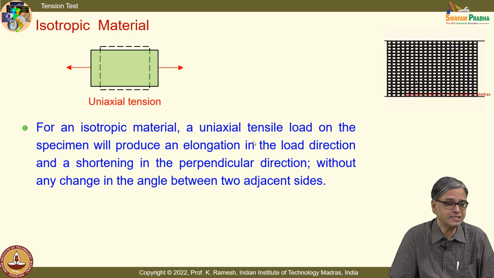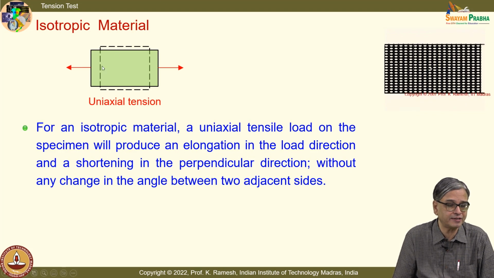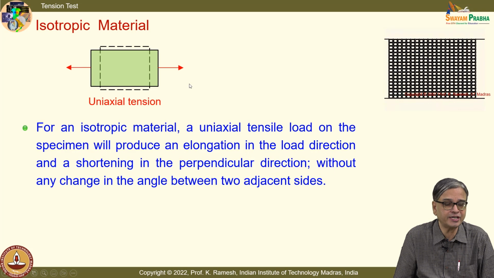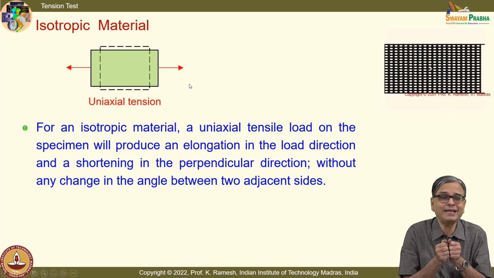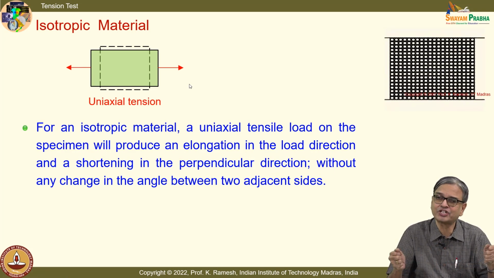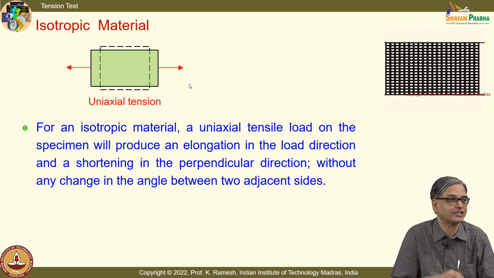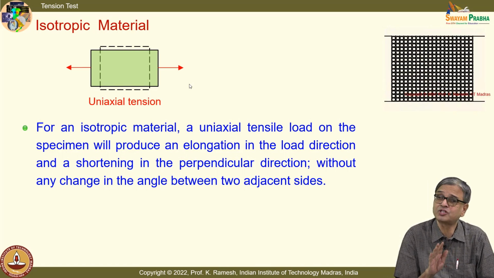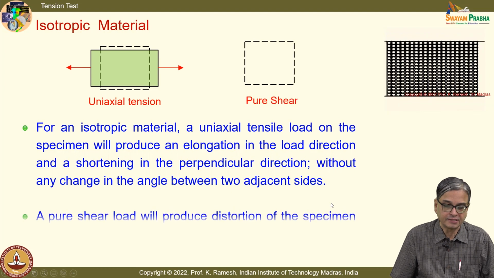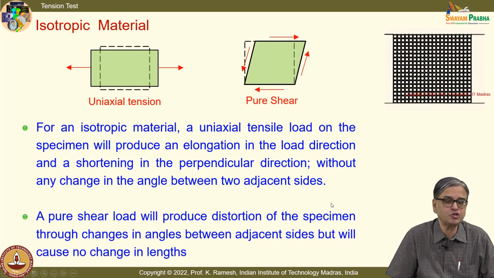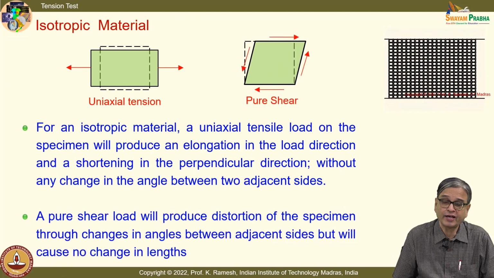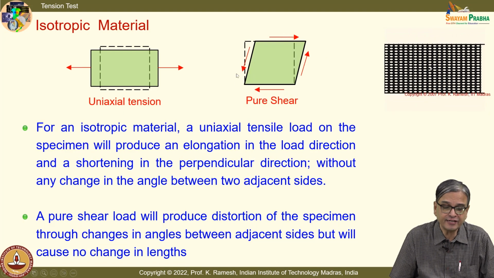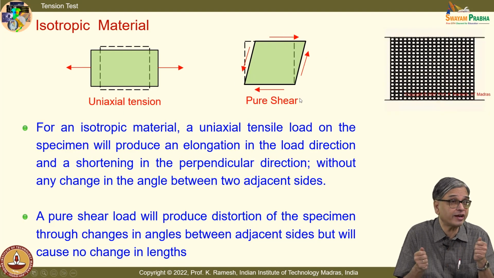See, if I have an isotropic material and I stretch it, it has only axial expansion and a lateral contraction. This is observed from the experiment. Suppose I apply pure shear to an isotropic material, it distorts like this. It does not elongate.